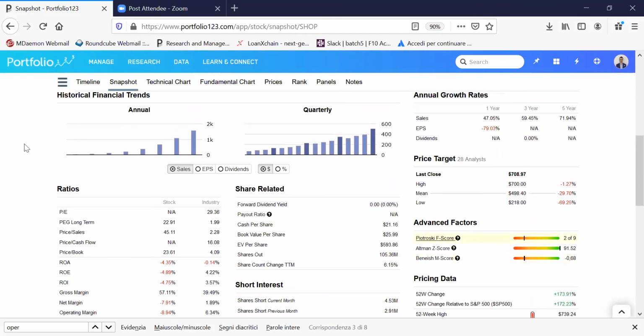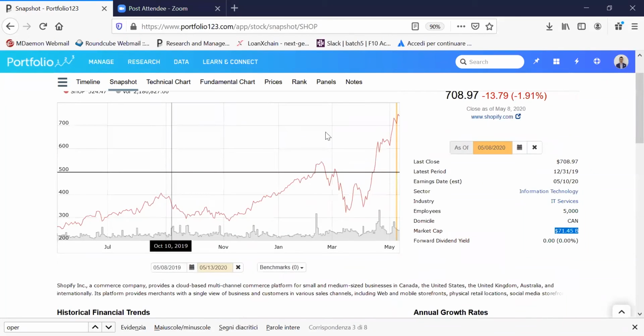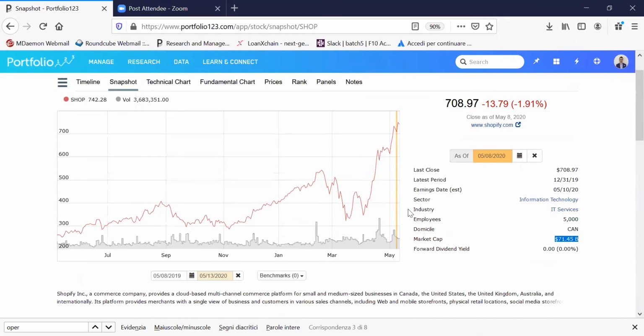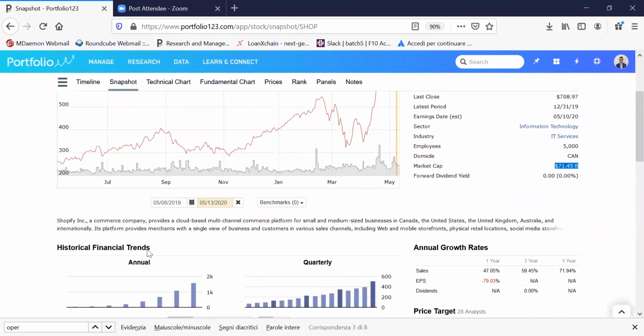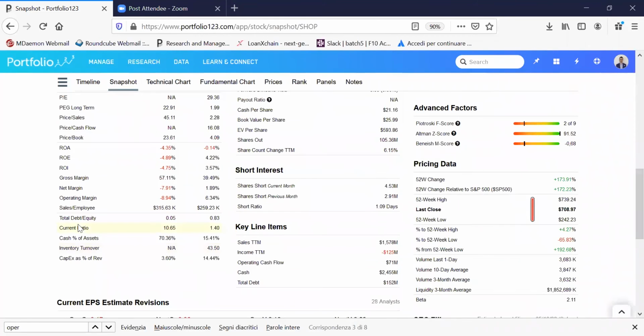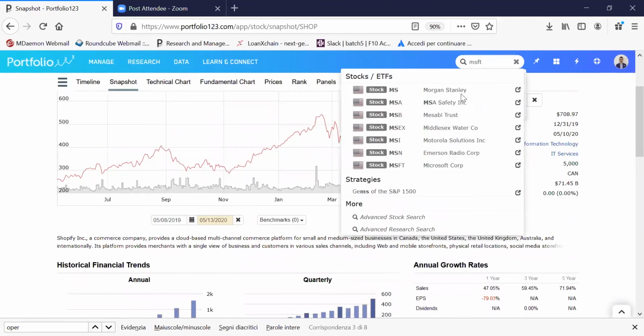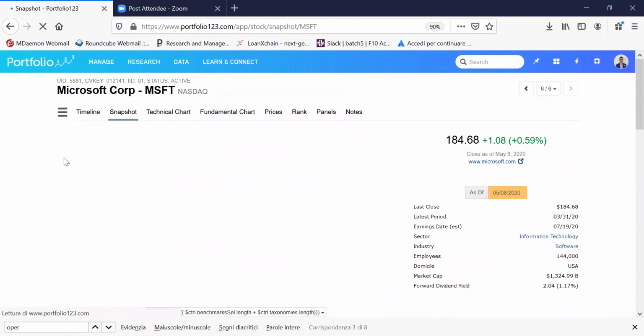And here the market is saying that Shopify is going to be better than Amazon 10 years ago. And wow, that's really something. Before, we also talked about financial strength, and for this reason I want to pull up Microsoft here.